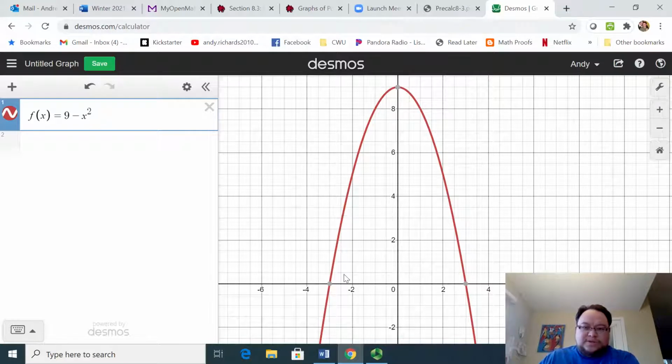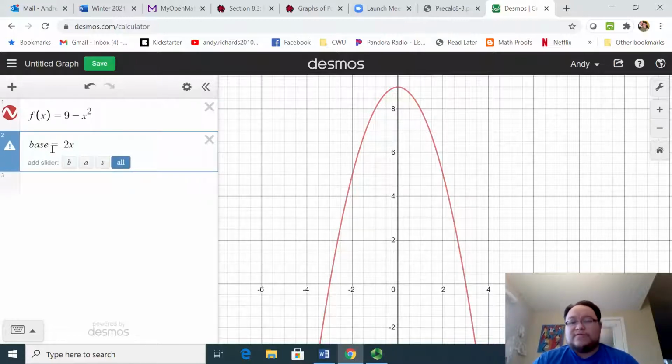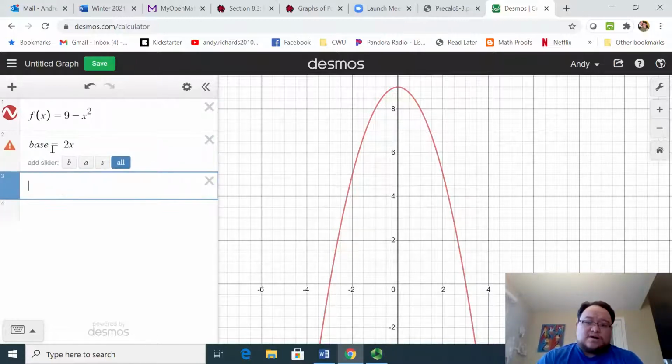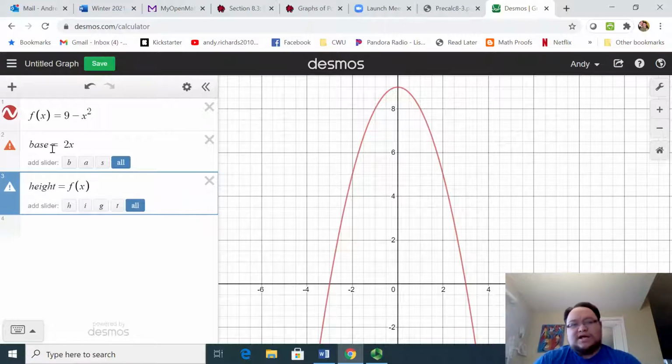So the height of it is going to be my f of x, and the base of it is going to be, well, half of it would be the length for our input x, but since we have two of them, since we are going the same distance on both sides of the axis, this means our base is going to be equal to double whatever our x value is. And our height will simply be the output for it, so some f of x there.